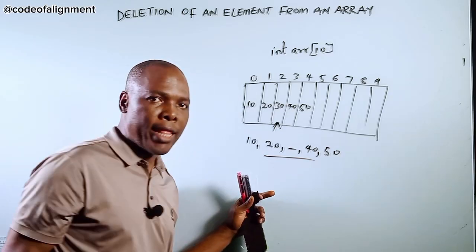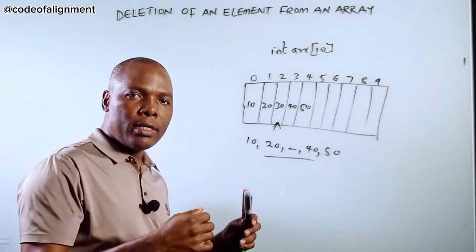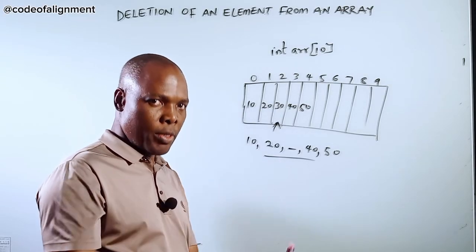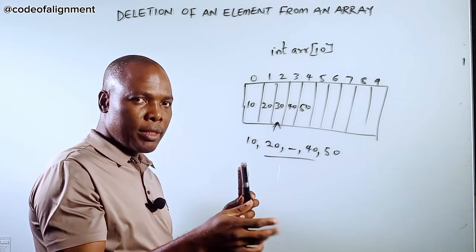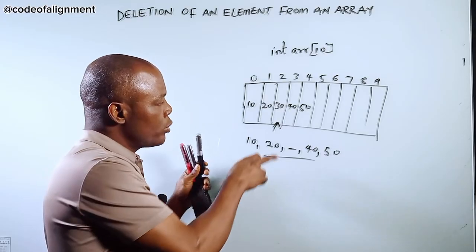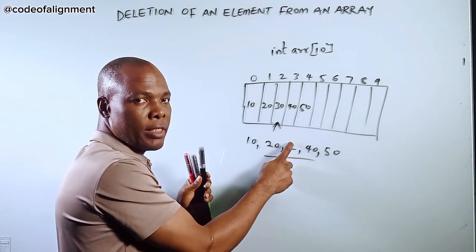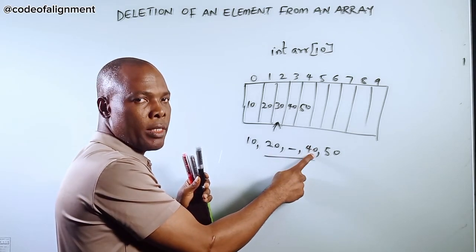Now, this is no longer an array because based on the rule, an array stores data in a contiguous space, meaning there will be no empty space between the elements, right? So if I'm deleting this, it therefore means that I have to shift this guy to this place, and then there will be a space here. So I will have to shift this guy to this place.